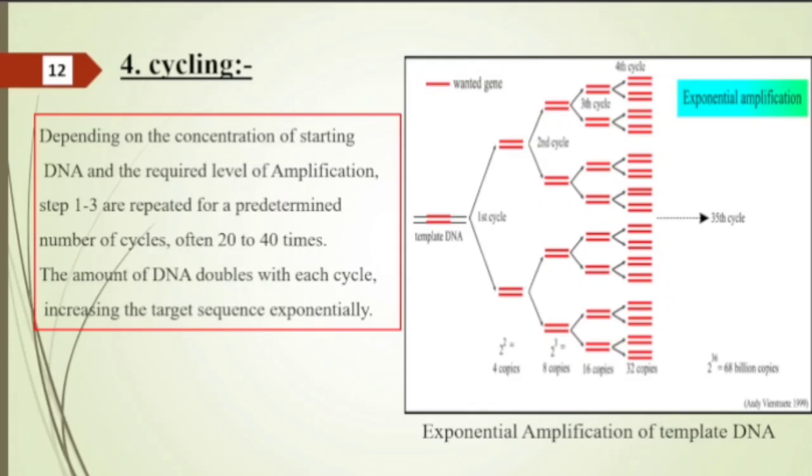The 4 copies in third cycle give 8 copies. In fourth cycle, it produces 16 copies. Likewise, the DNA amplification takes place. This is the exponential amplification of template DNA.